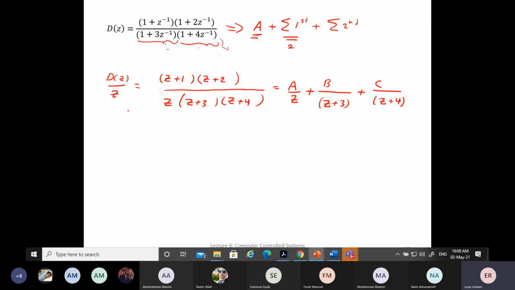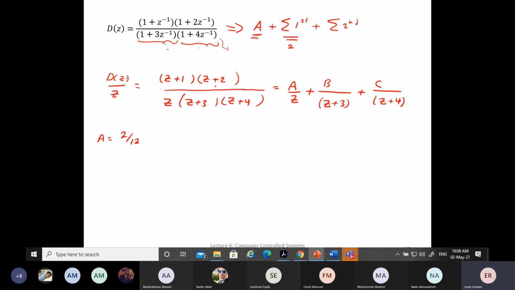So we find a, b, c as usual. A, for example, here you multiply by z, set everything to 0. So 0 here, 0 here, I get 1 times 2 over 3 times 4. So it is 2 over 12. Sorry, a equals 2 over 12.